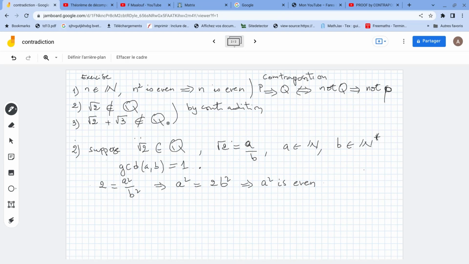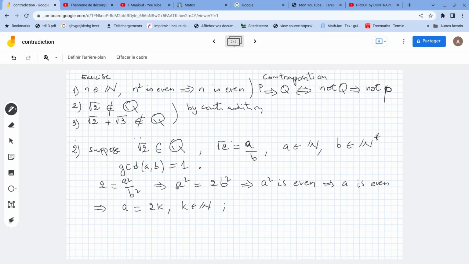I use the first statement: when n squared is even, n is even. So a is even. I can then write a is 2k, where k is an integer. This is how we write the even numbers.